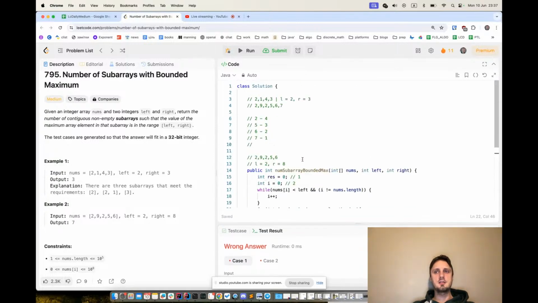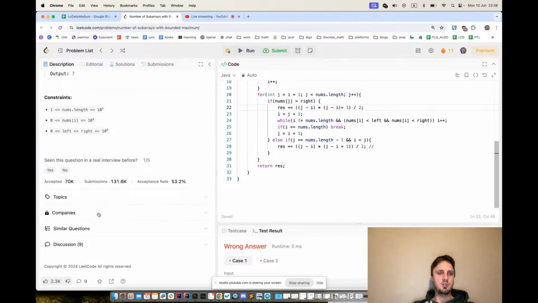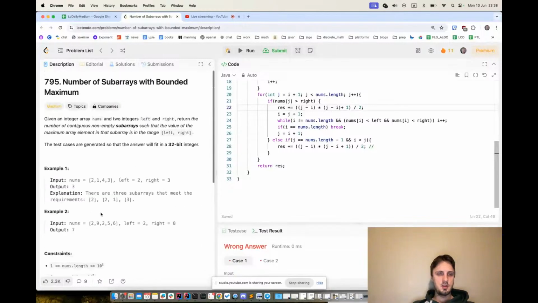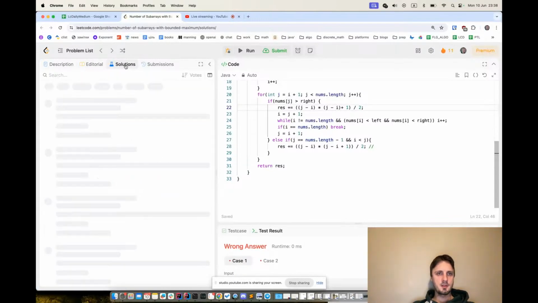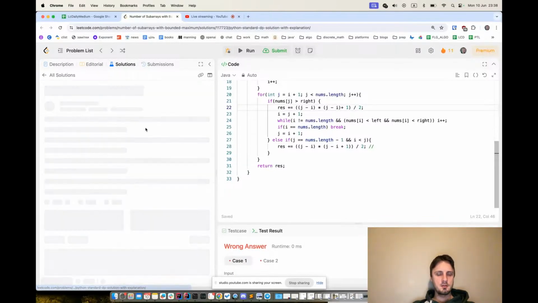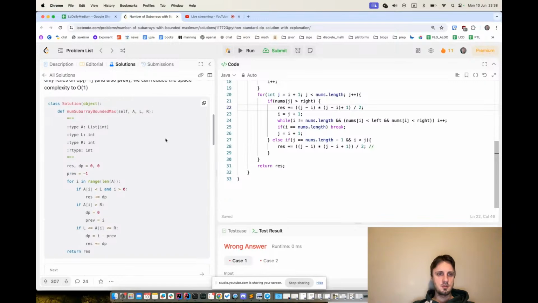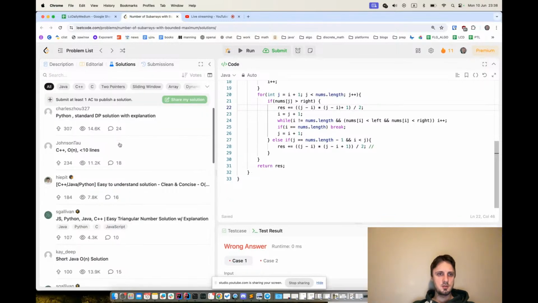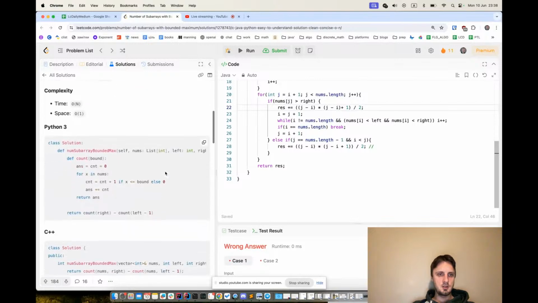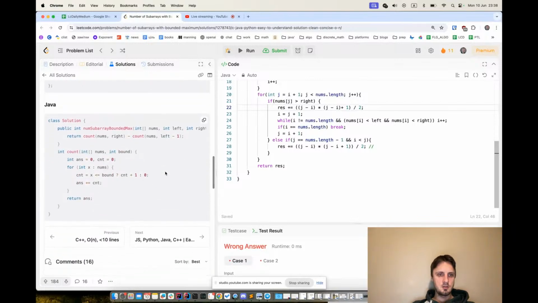Yeah, I think I spent a lot of time, so let's check the topics. Yeah, it's two pointers. Let's check. It's a DP solution, but I'm more interested in the two-pointer solution. Yeah, it's again DP.